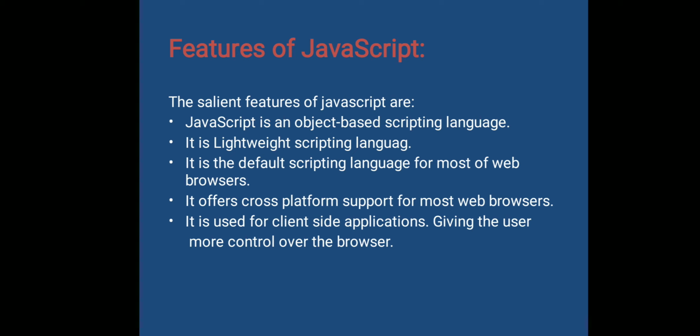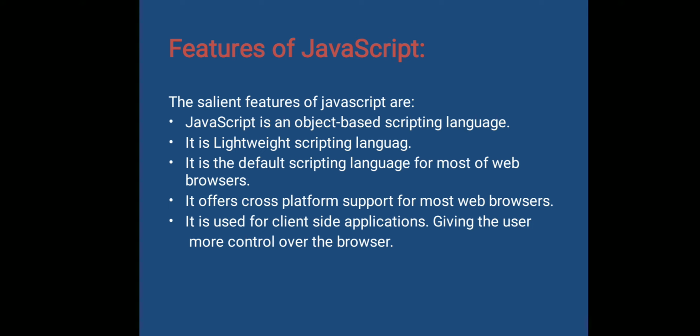So here there are no built-in data types like int in C++ and Java. Int has 2 bytes, float has 4 bytes. So there the memory requirement is more. But in JavaScript, it is very less.